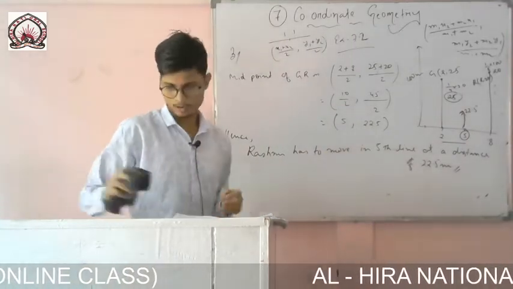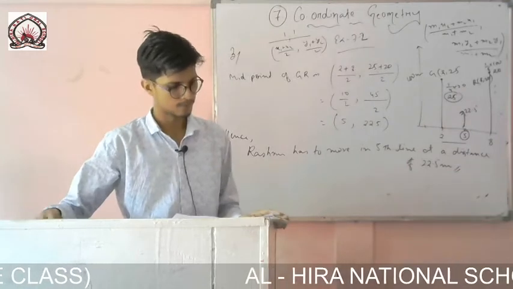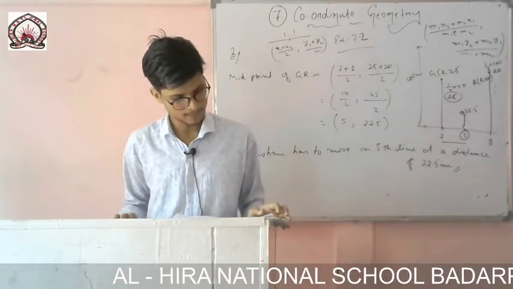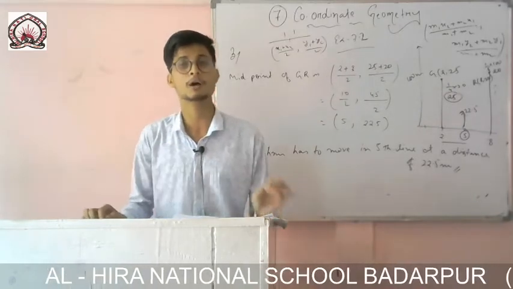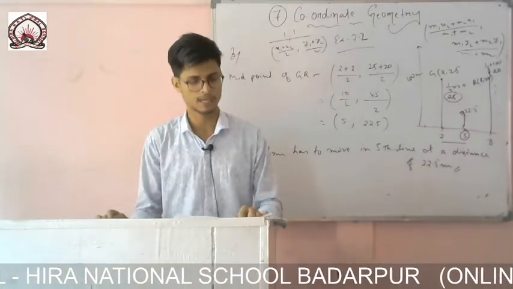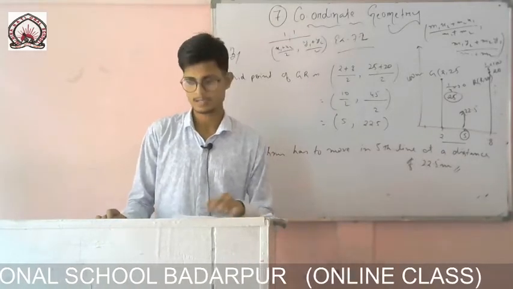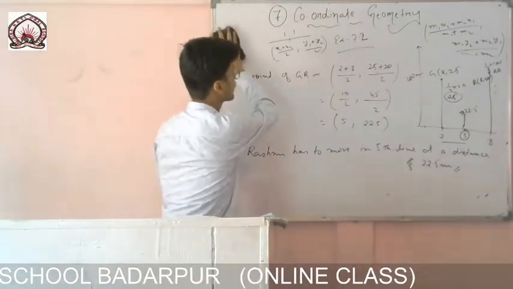Now let us go to question number 4. Find the ratio in which the line segment joining the points is divided by the point. So the question is to find the ratio. The coordinate of the point is given, and let me show what is there.